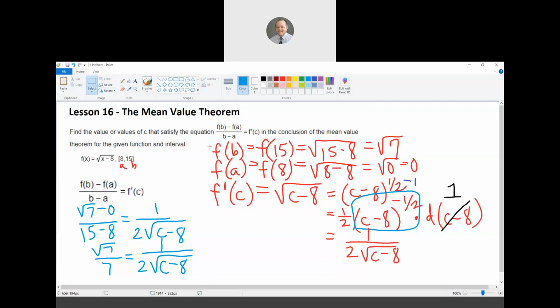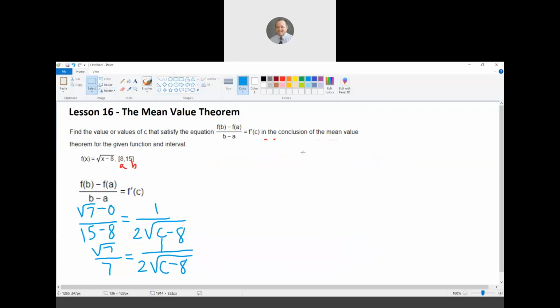Now we have a proportion, so we could either cross multiply or we could just do regular multiplication. So let's see which one will be best here. Now when you cross multiply, 1 times 7 is just 7.